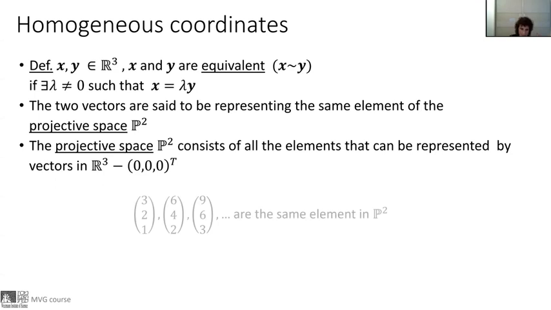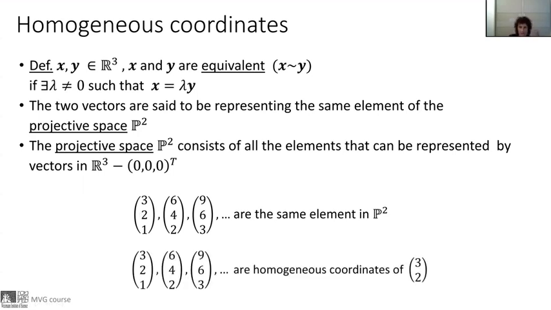But what I'm saying now is that all these points are the same element in P2. Can you say why? They are in the same class. Why the same class? They scale. The second point is 2 times the first point. The third point is 3 times the first, etc. So they are the same element in P2.